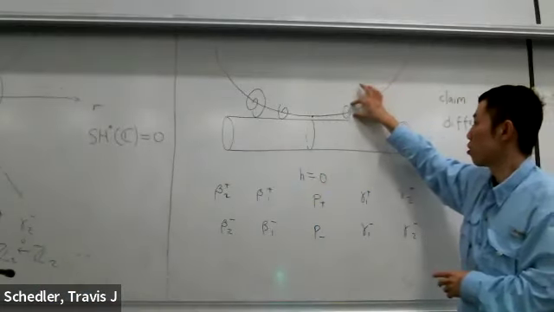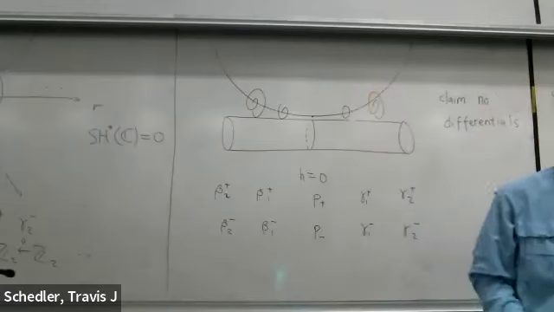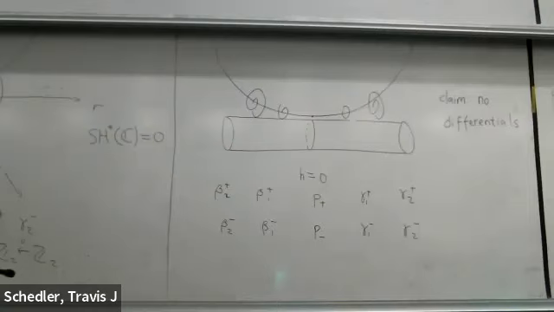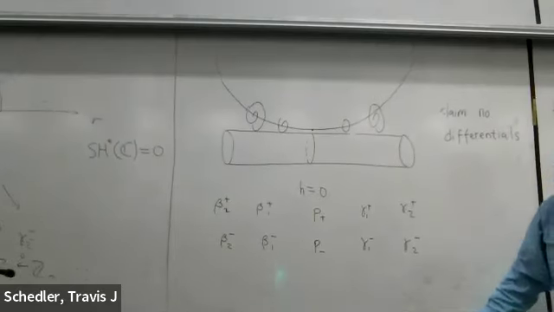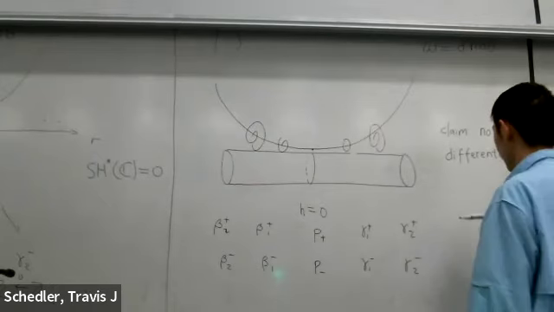If a cylinder connects those two orbits, then it implies that they should live in the same homotopy class. But this is not the case for this example.